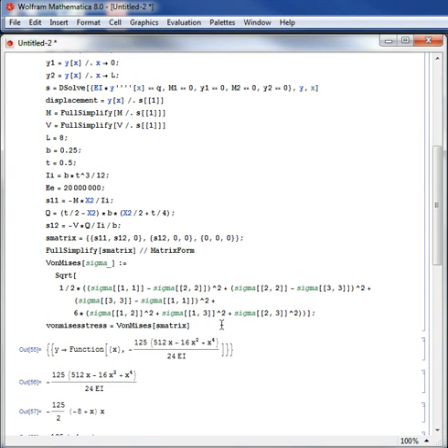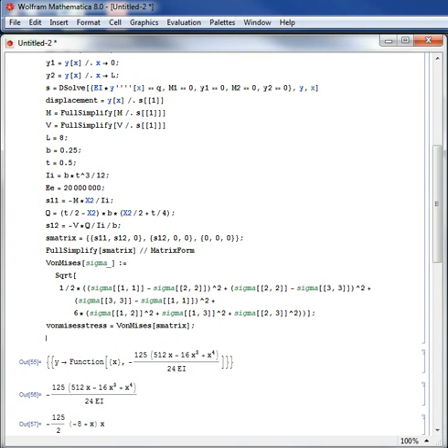Now I'm going to contour plot the von Mises stress when x is between 0 and 8, that's the length of the beam, and X2 is between negative 0.25 and 0.25, that's the height of the beam, and the neutral axis is in the middle.